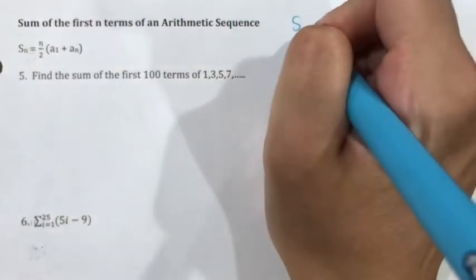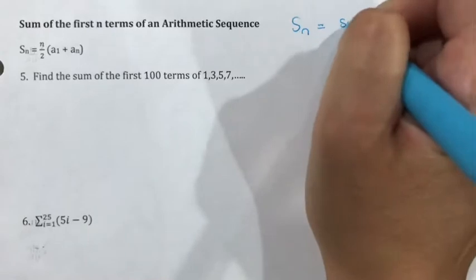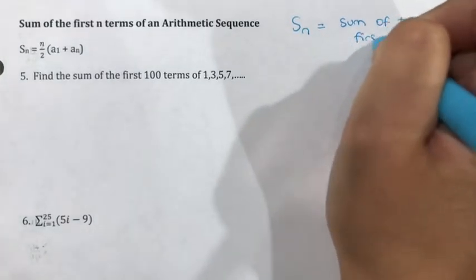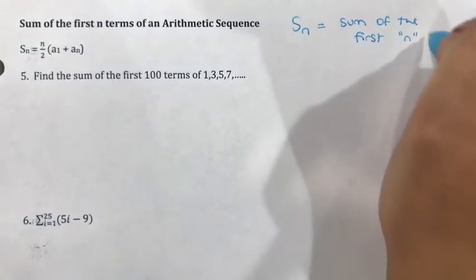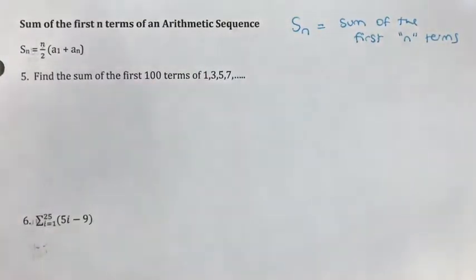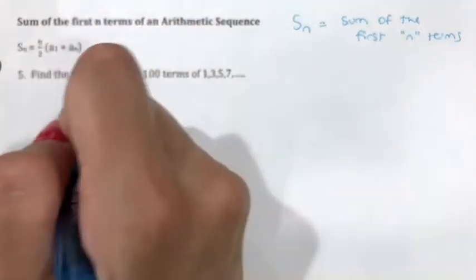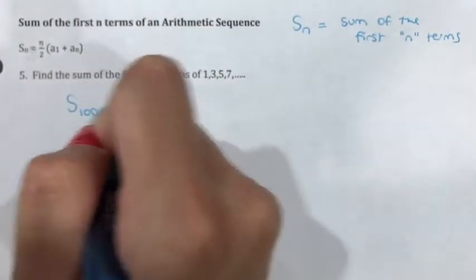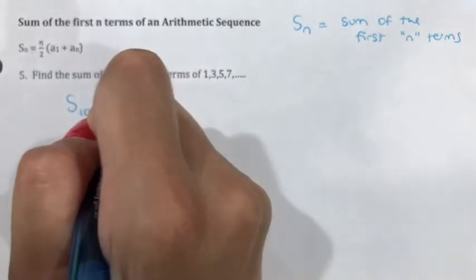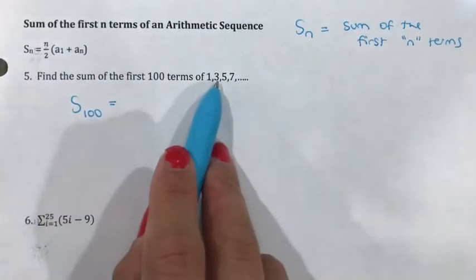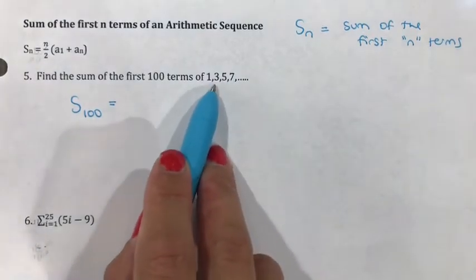S of n means the sum of the first n terms. Okay, so if I want the sum of the first 100 terms of this sequence, I need to find a few things first.